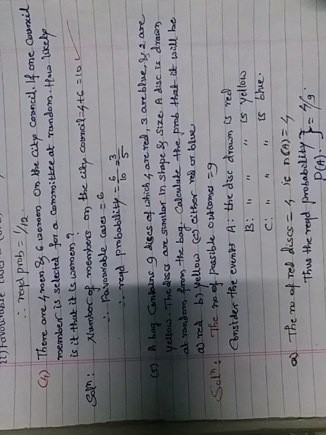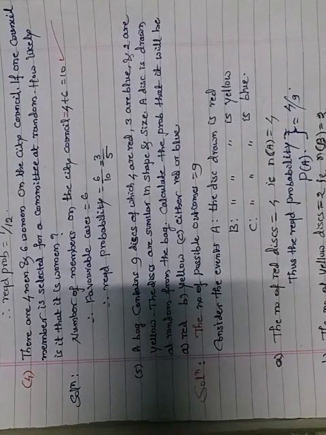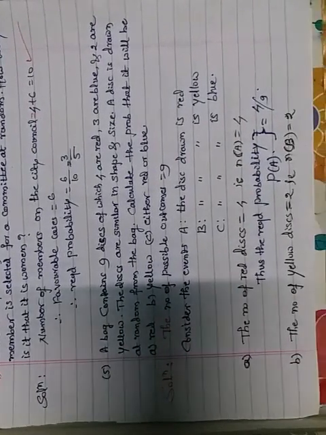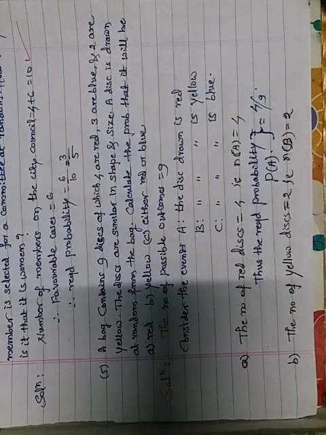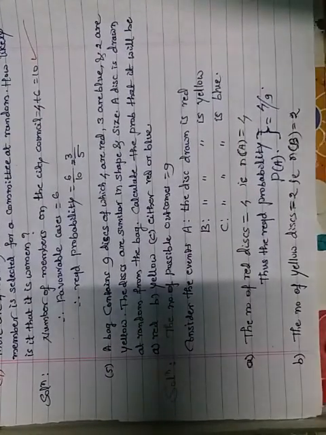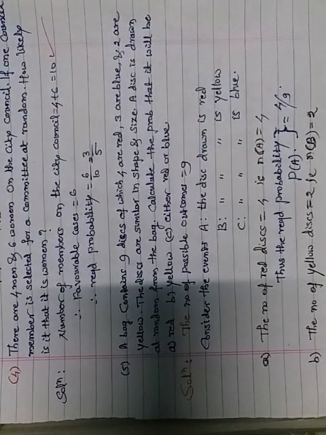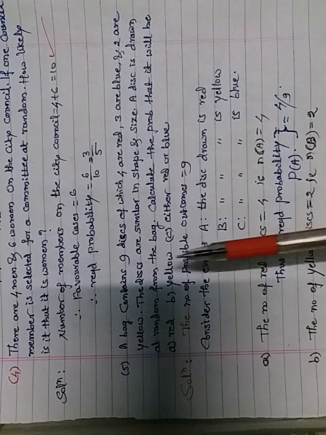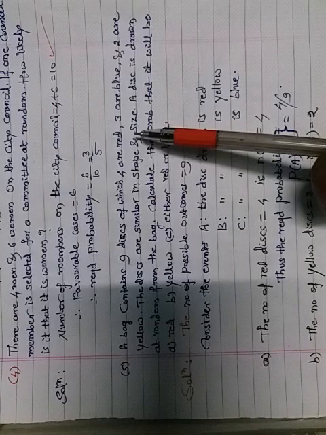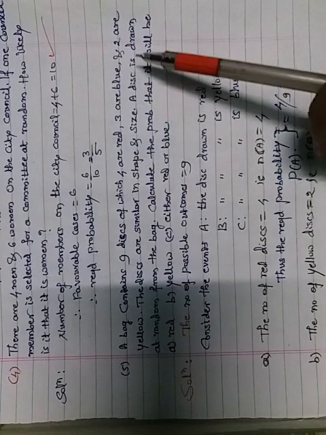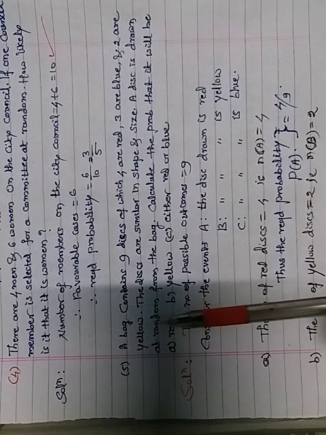Is it understood? You have to practice these probability questions often and often. I think you have already studied something of this in earlier classes. Okay, question number 5. A bag contains 9 discs, of which 4 are red, 3 are blue, and 2 are yellow.